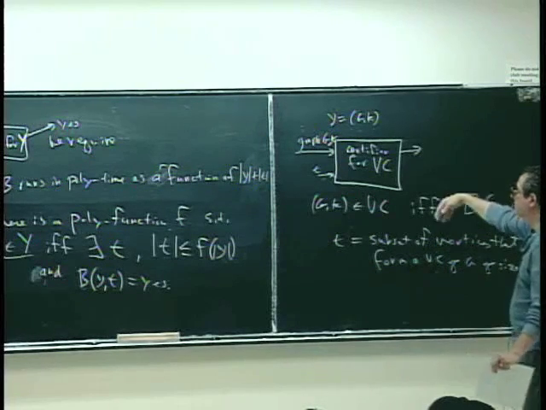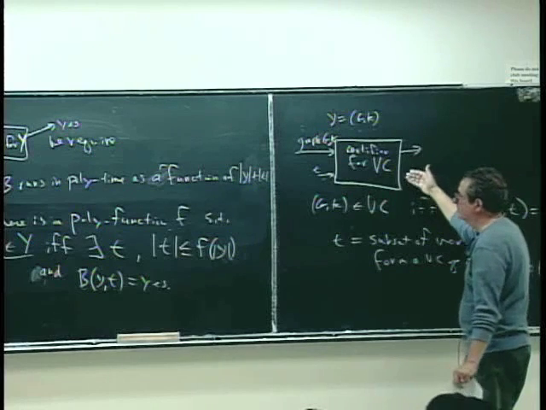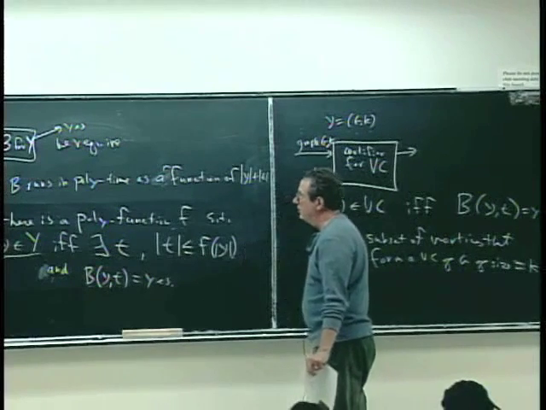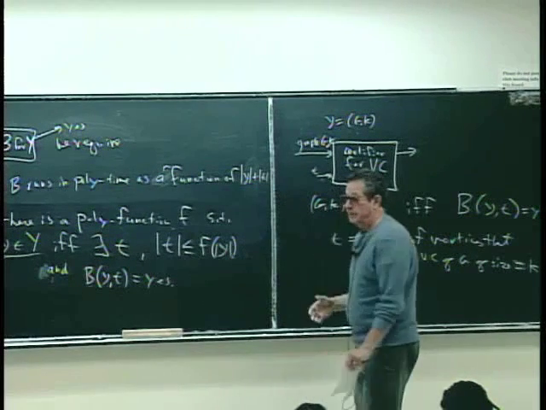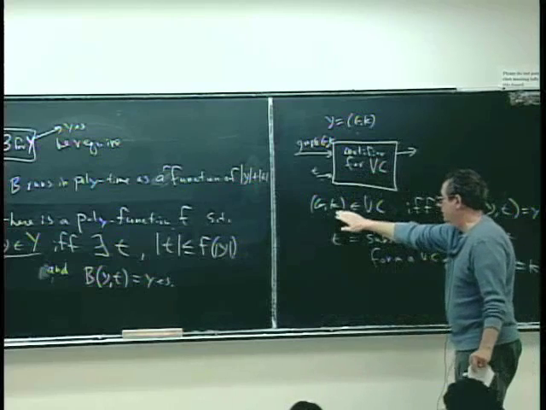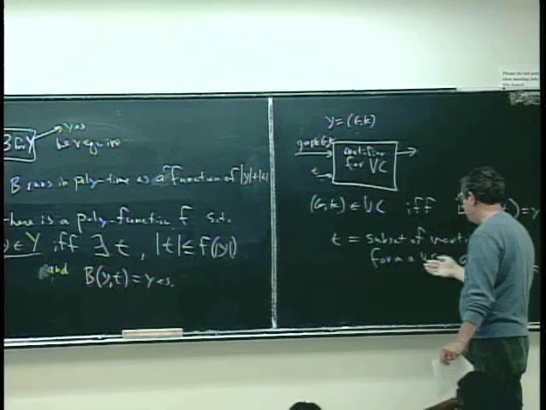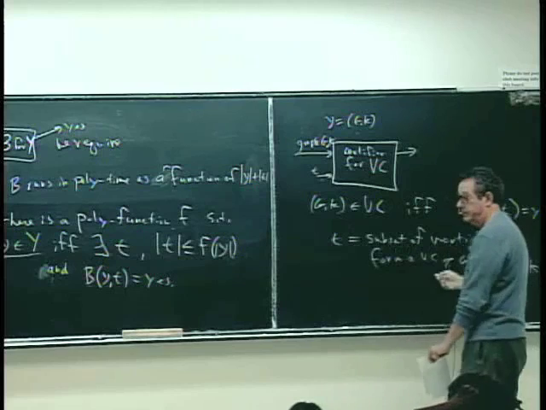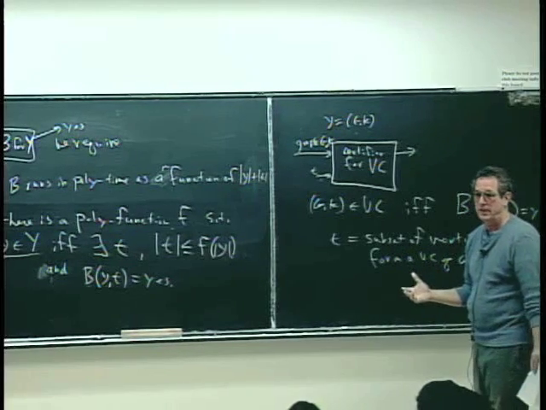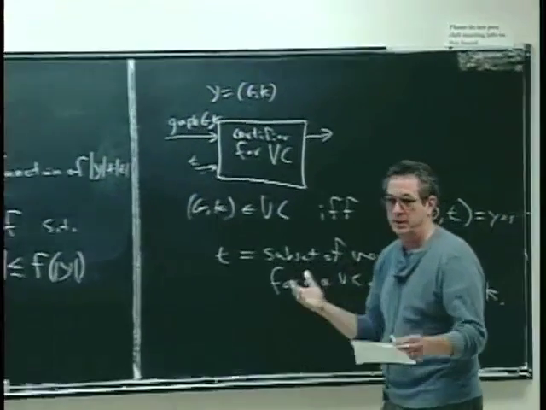So if this is specifically what we're going to do for vertex cover, does it satisfy this definition? And what is B? B is going to be an algorithm that looks at the graph, looks at the target, looks at the subset of vertices, and just checks, is that a vertex cover? Which you can do in a very direct, simple algorithm.